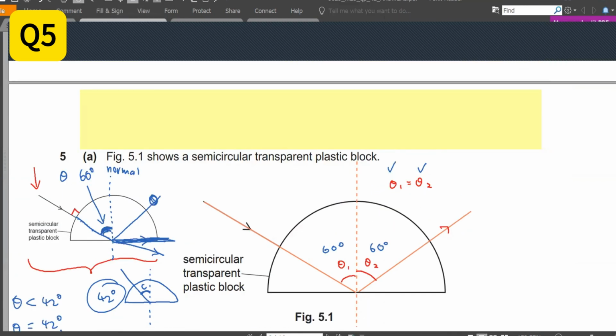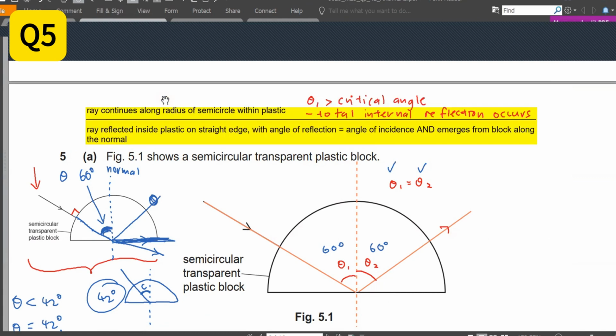If you look at the marking scheme, these will be the requirements. The ray continues along the radius of the semicircle of plastic, so this part here.